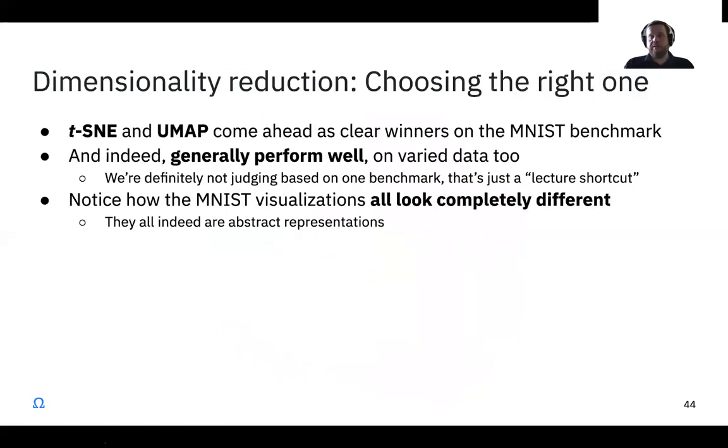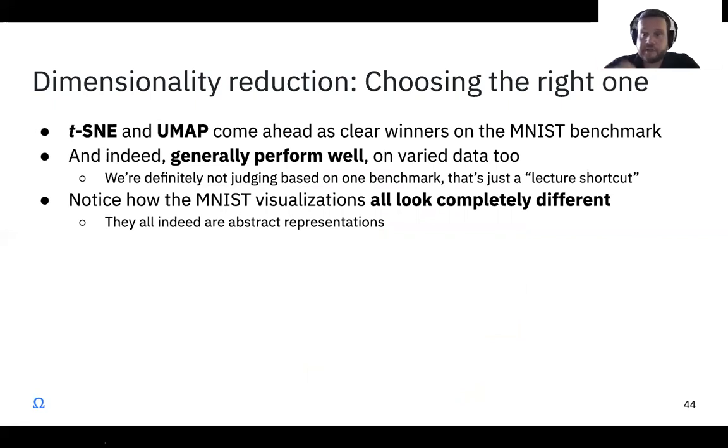So now let's move towards the design takeaway. How do we choose the right method? t-SNE and UMAP come ahead as clear winners on the MNIST benchmark. And indeed, they generally perform very well on varied data too. Of course, we are not judging the dimensionality reduction techniques based on one benchmark.